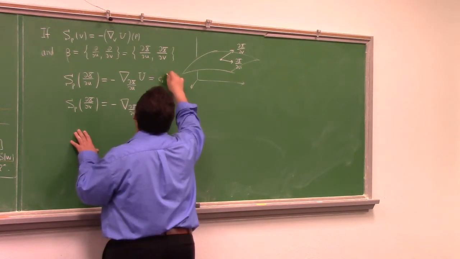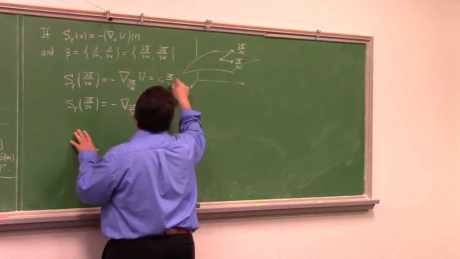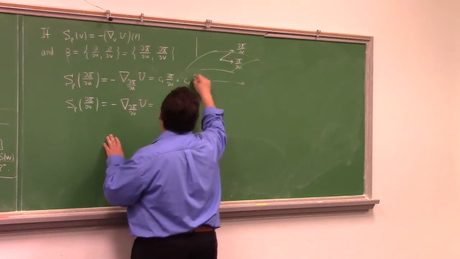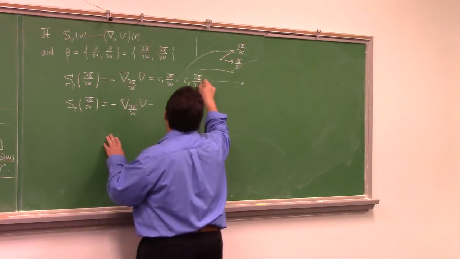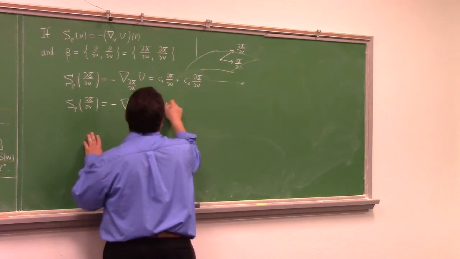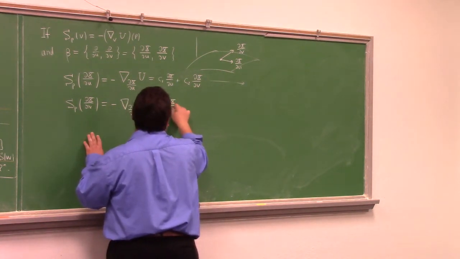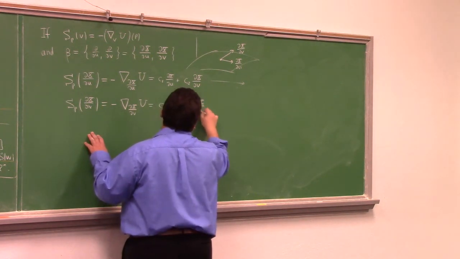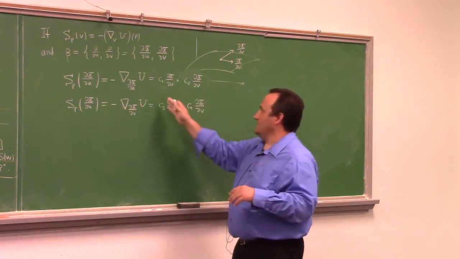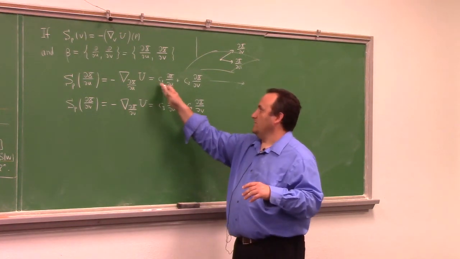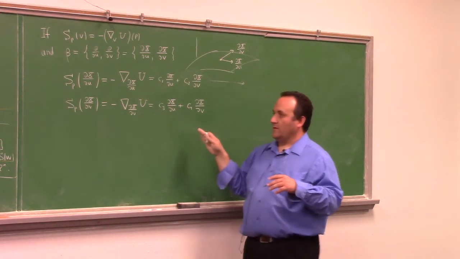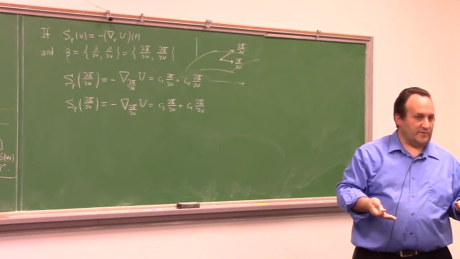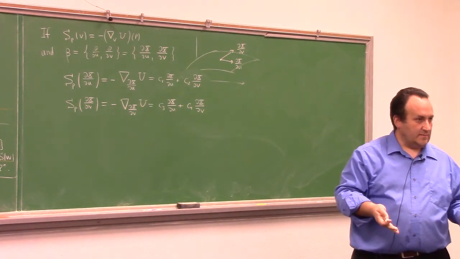So like C1 partial x partial u plus, I'm going to bail on this in just a second, C2 partial x partial v, C3 partial x partial u plus C4 partial x partial v, right? If I could find the constants C1, C2, C3, and C4, then I would know what the matrix of the shape operator looked like with respect to this basis, right?